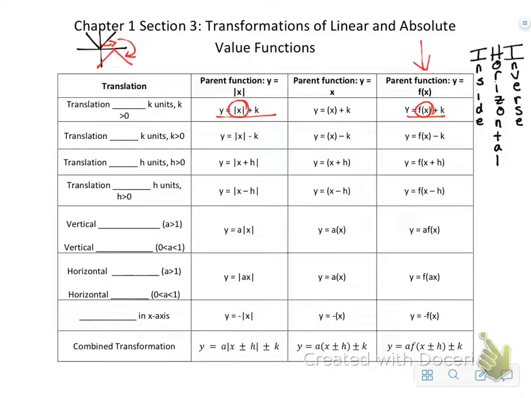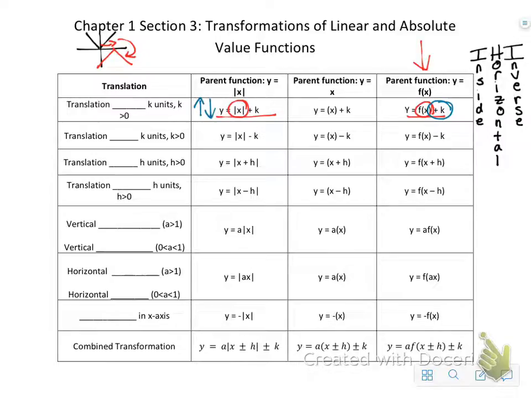Now, if it's outside, it's vertical. If it's inside, it's horizontal. So let's say it's outside. This k, that k in blue, is outside of the f of x. So it's vertical. It's either going up or down.